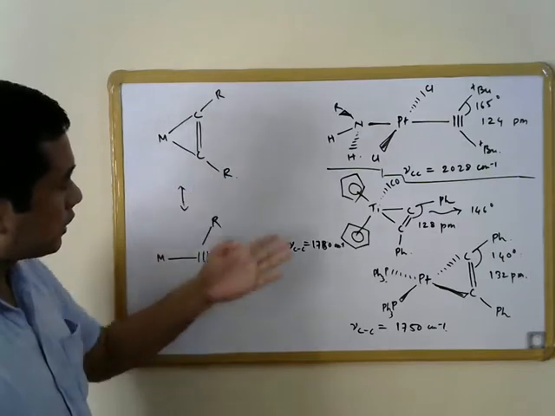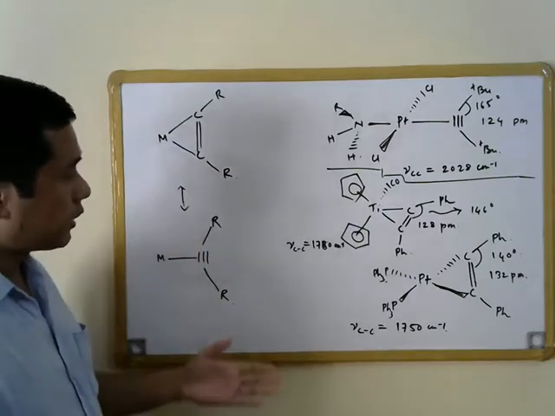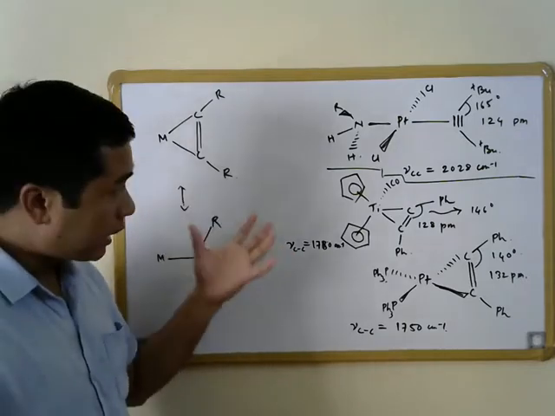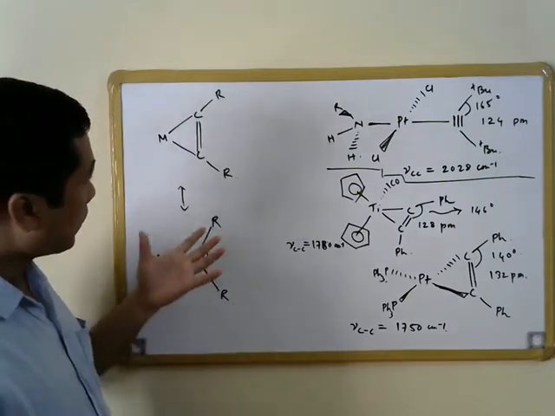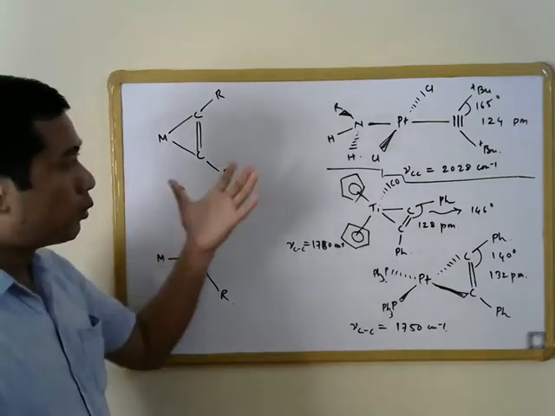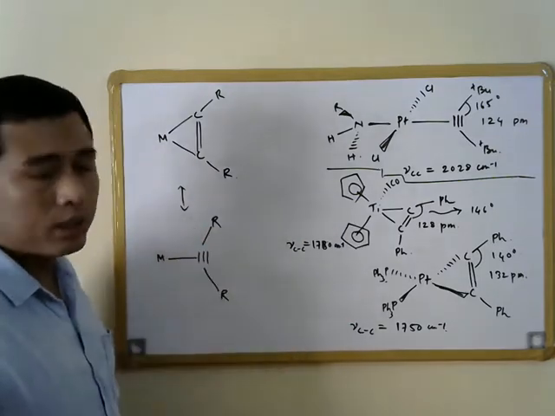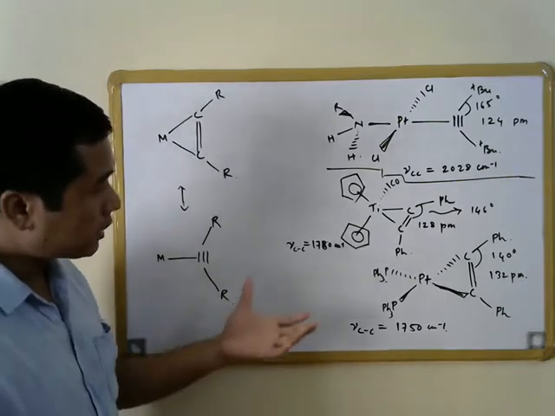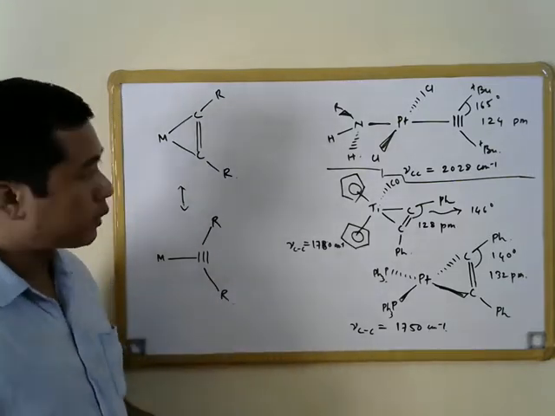Which particular canonical structure is more important for a given metal alkyne complex can be understood by looking at these structural parameters as well as the spectroscopic parameters.